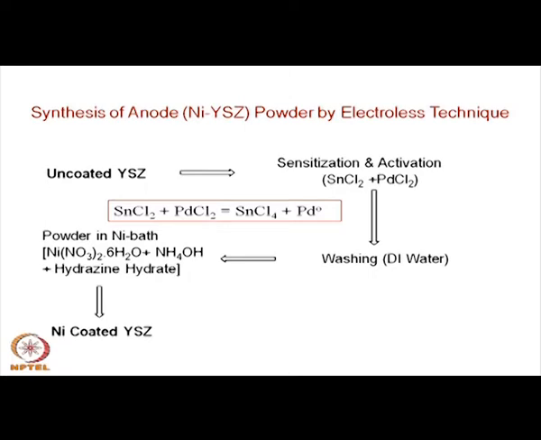Instead of random mixing, normally as I mentioned earlier, nickel oxide and YSZ are mixed together and then heated to high temperature to sinter them, to make a bonding between them, and then nickel oxide is reduced in a hydrogen atmosphere so that nickel is produced. It of course helps develop the porosity as well. Once nickel oxide is reduced to nickel, oxygen goes out and it produces a sufficient amount of porosity. That is also an advantage.